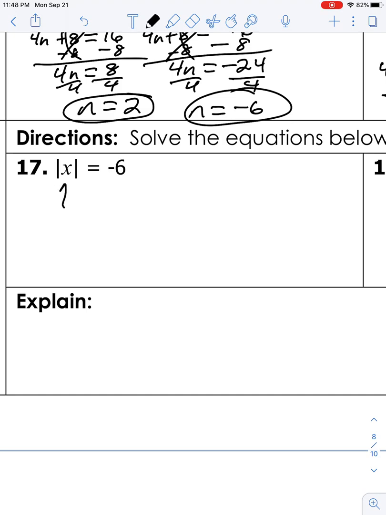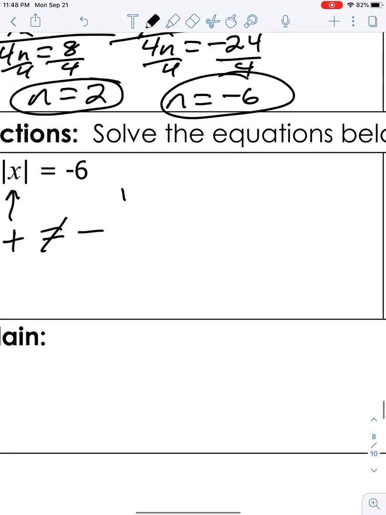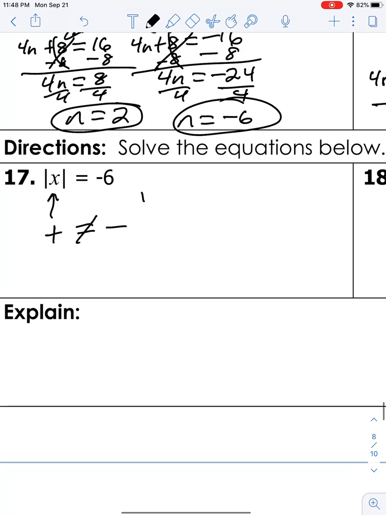Regardless of whatever I put in here, it's going to turn positive once I take the absolute value. A positive number can never equal a negative number. You see how this 6 is negative right here? So an absolute value can never equal a negative number.